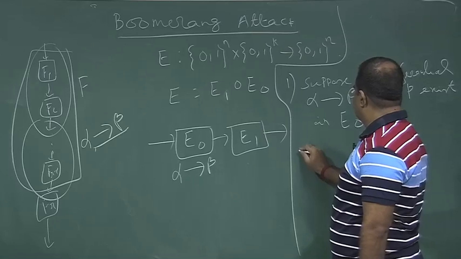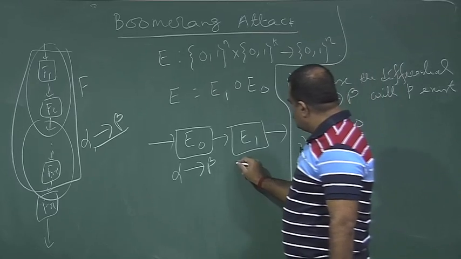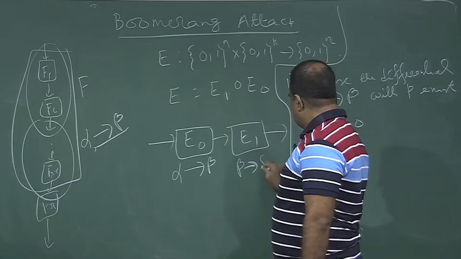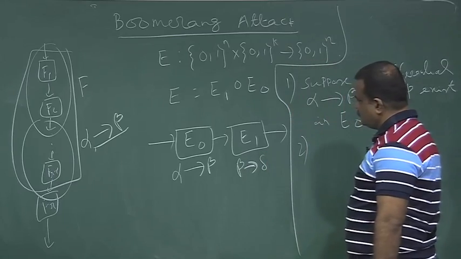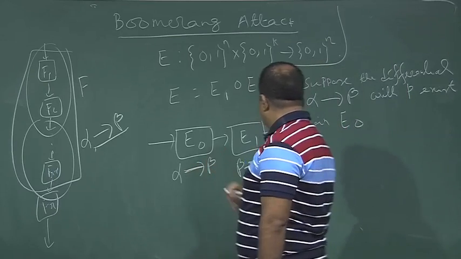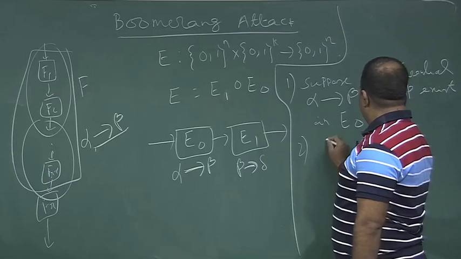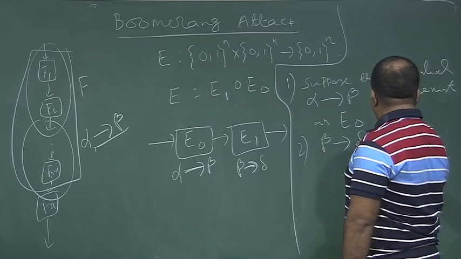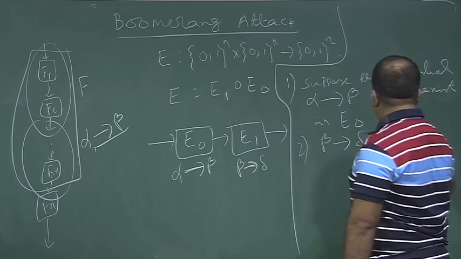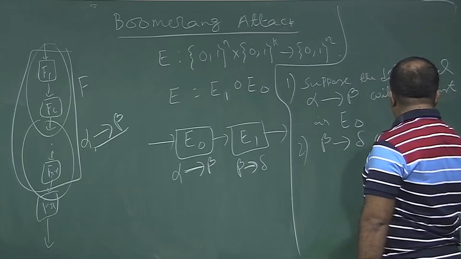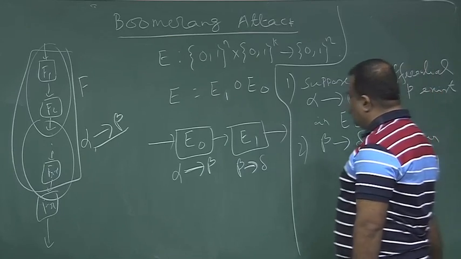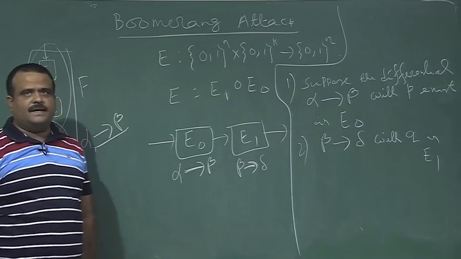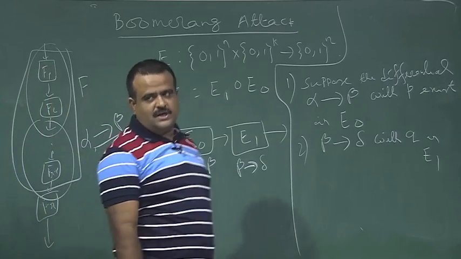And suppose in E1, beta is going to delta with probability q. So, we have these two differences, alpha going to beta and beta going to delta.